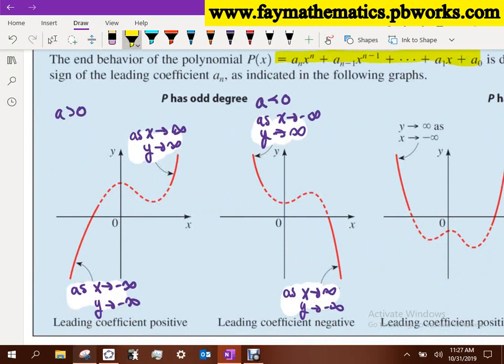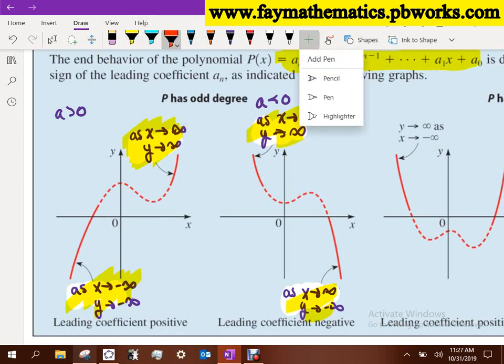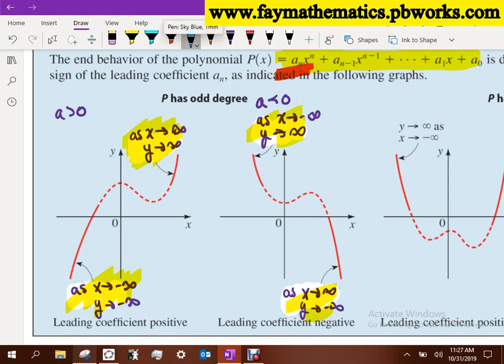Okay, now the idea then, that's our polynomial of that form. The only thing that's dictating end behavior is that term right there. Everything else, all these other terms in our polynomial are garbage and mean nothing in regards to end behavior.